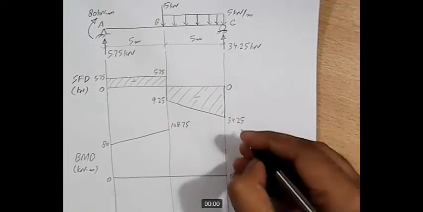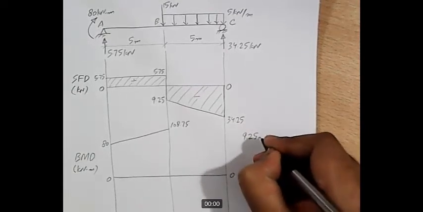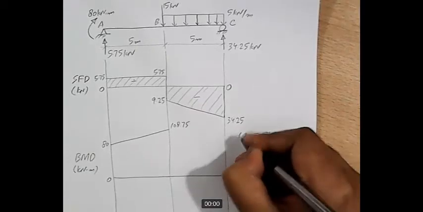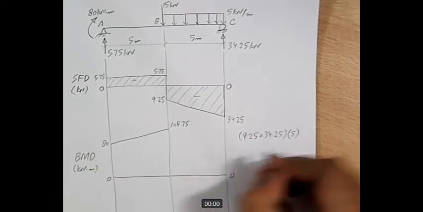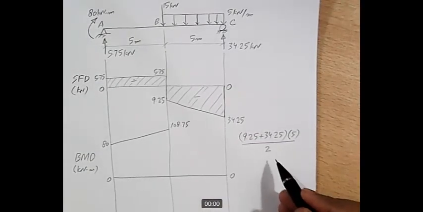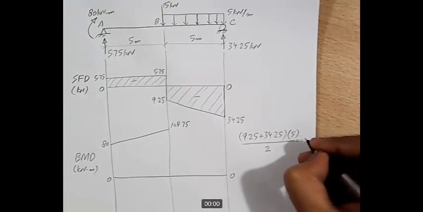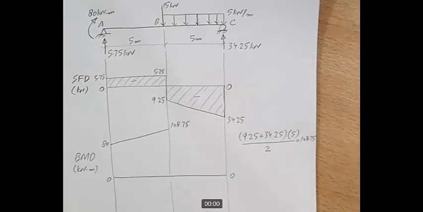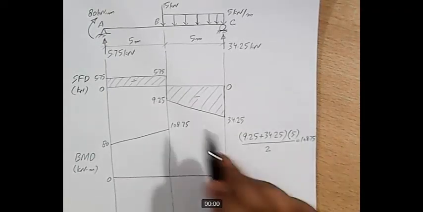This area of trapezoid will be 9.25 plus 34.25, the sum of parallel sides, into the perpendicular distance between parallel sides, which is 5, divided by 2. This is the formula for area of trapezoid, and if we solve this, what do we get? We get 108.75. So this area is exactly 108.75, and it is negative.